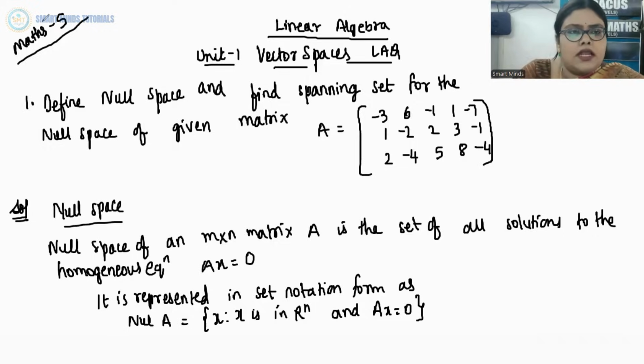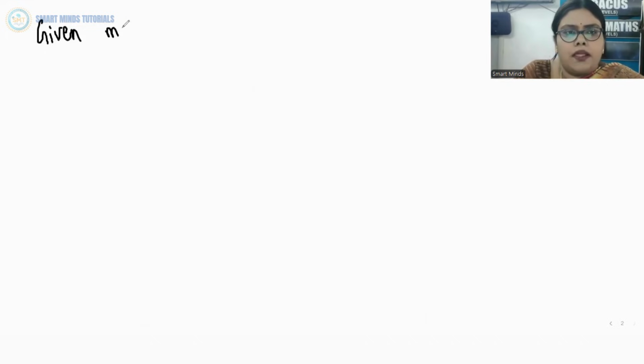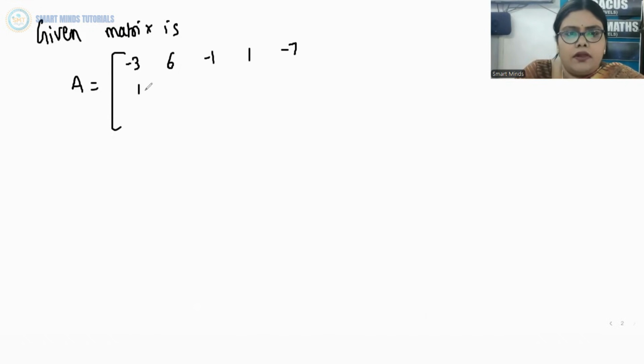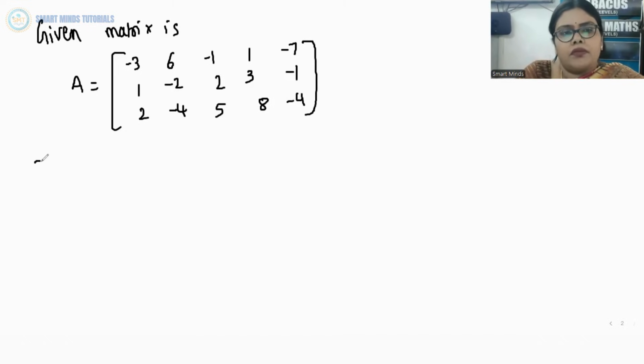So first let us write the given matrix. The given matrix A is -3, 6, -1, 1, -7, 1, -2, 2, 3, -1, 2, -4, 5, 8, -4. Now we will write the augmented matrix.